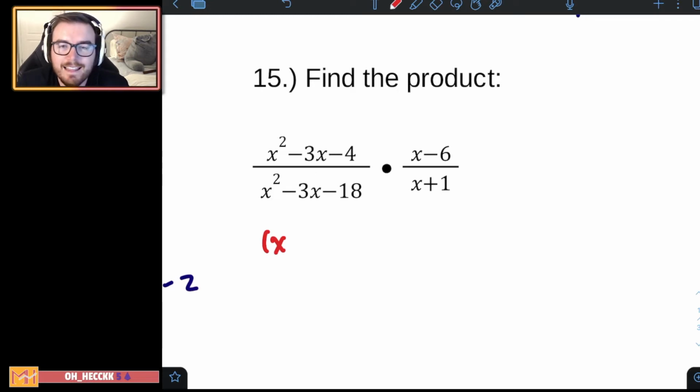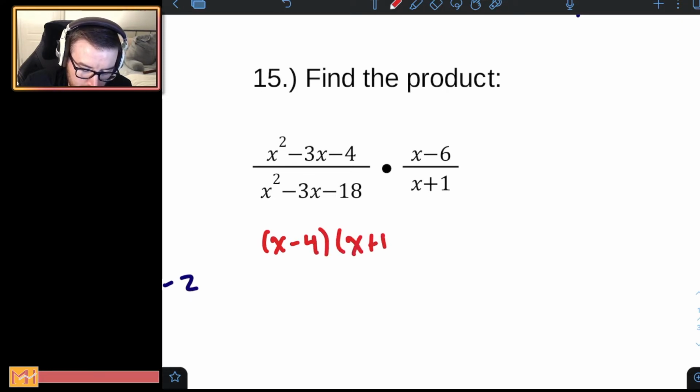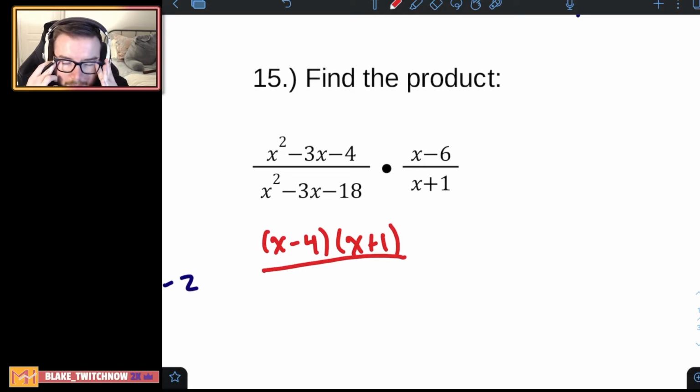There are a very limited number of options that multiply to the number 4. 1 and 4, 2 and 2. That's it. Those are the only two numbers that multiply to 4. So how can you adjust them to make it positive and negative, so that way it adds to negative 3? Well, if you make it a negative 4 and a positive 1, negative 4 plus 1 is negative 3, and negative 4 times 1 is negative 4.